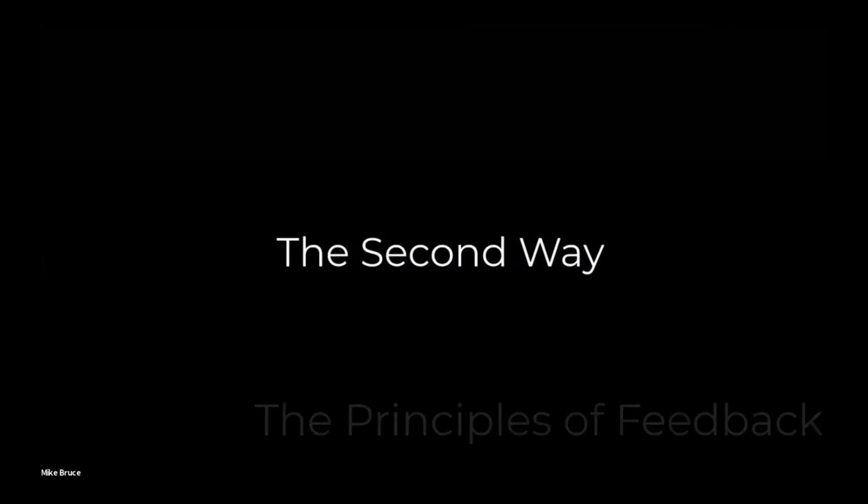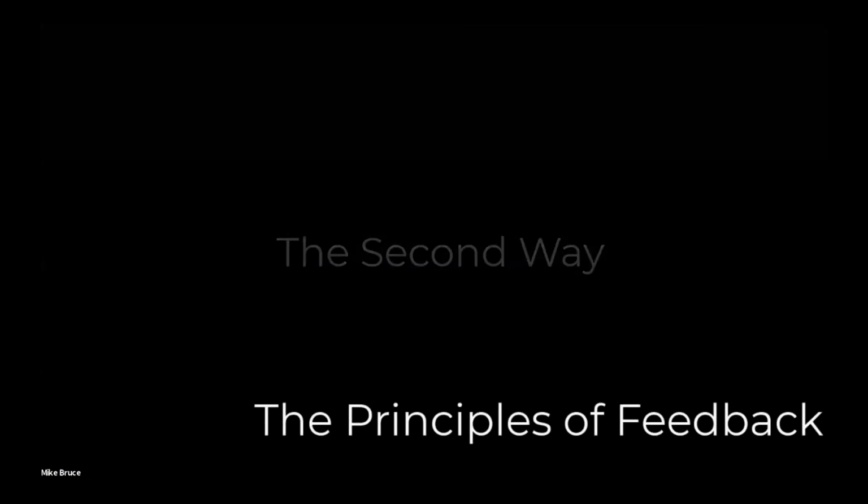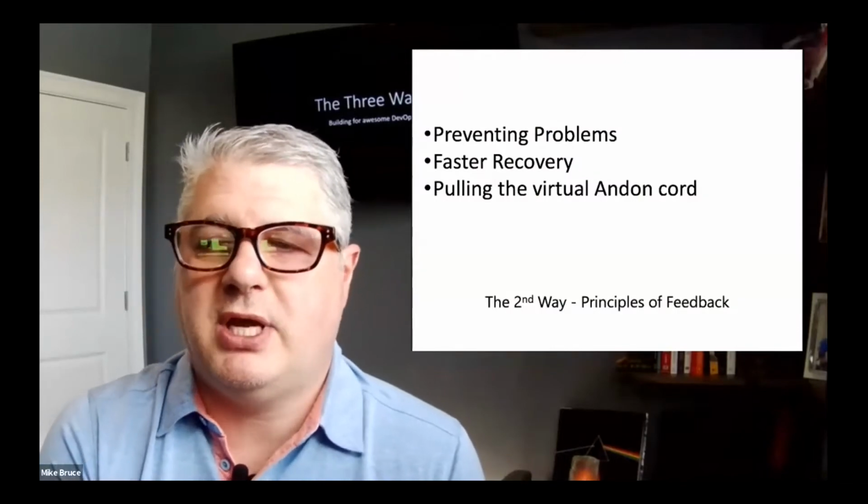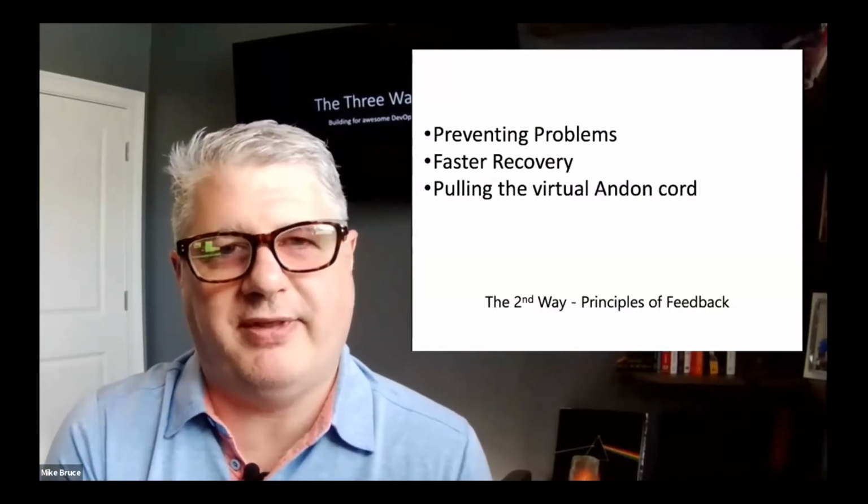The second way, the principles of feedback. We learned a little on the first way about how we can move from left to right. But the second way is really about, well, what do we do? How do we do that? So we're going to talk a little bit about the principles of feedback and what that means.